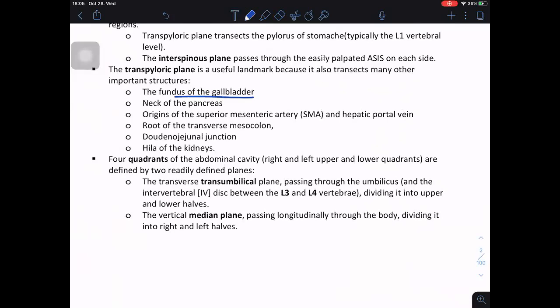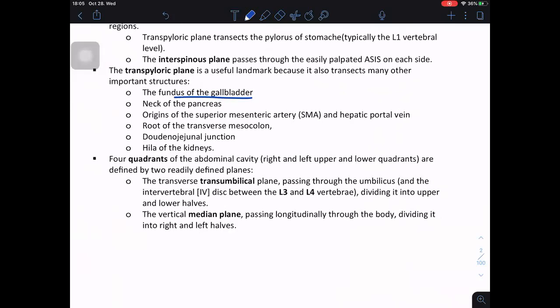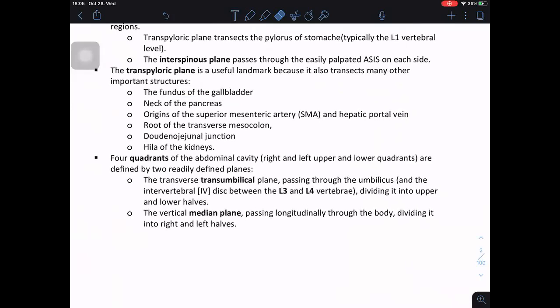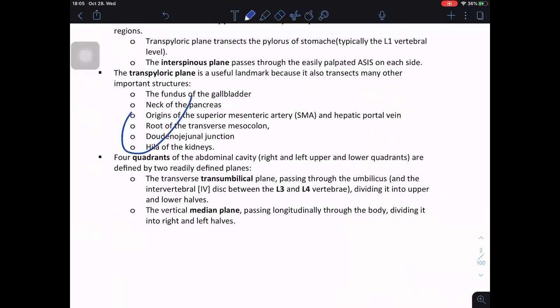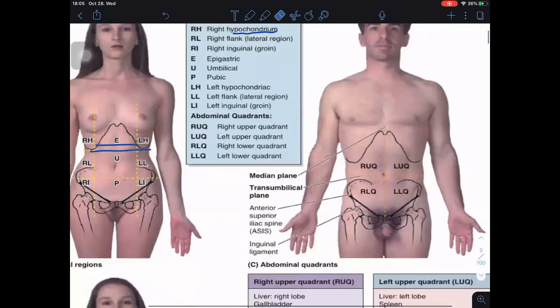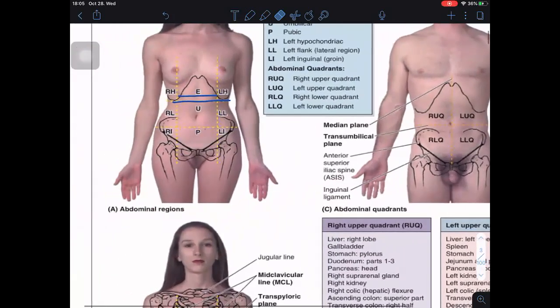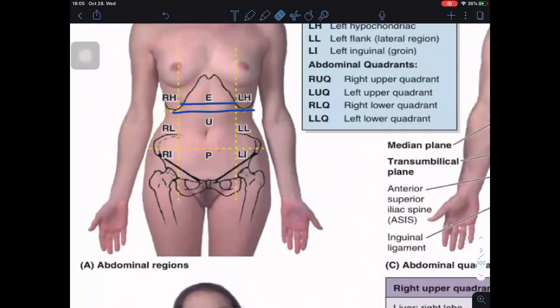The neck of the pancreas is there, and a bunch of other structures that later on, bit by bit, once we go deeper into the details of the abdomen, will make sense to you. So I don't want you to memorize this part of the note right now because it has no use. You're just going to forget it. So this was pretty much about the transpyloric plane. So basically, you either use the subcostal or you use the transpyloric plane.